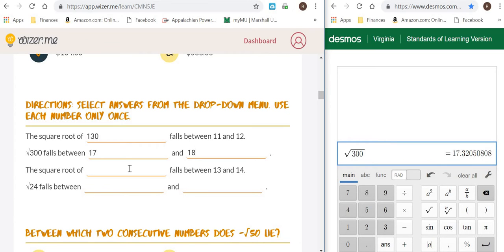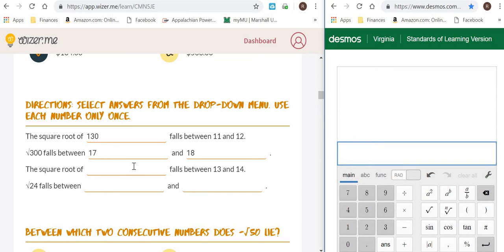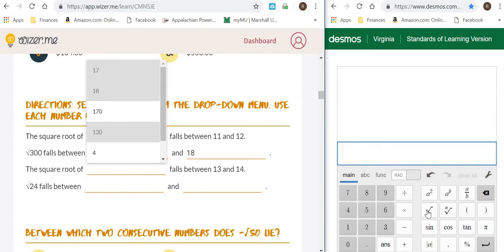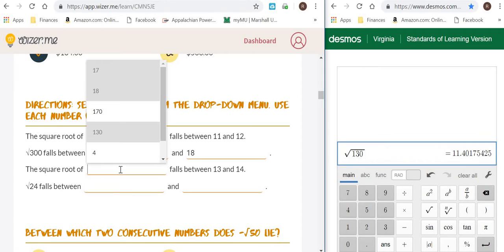The next one, the square root of what falls between 13 and 14? Well, let's go ahead and try 130. Let's try the square root of 130. I'm just taking a guess there, and it falls between 11 and 12. So my guess was off a little bit, so I know I need to go up.